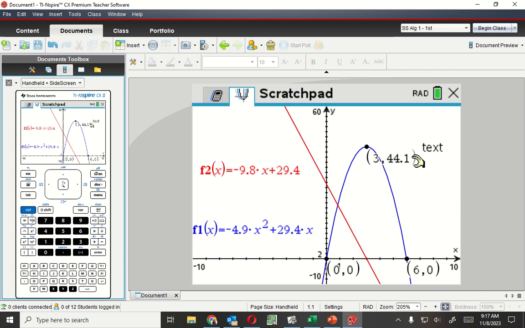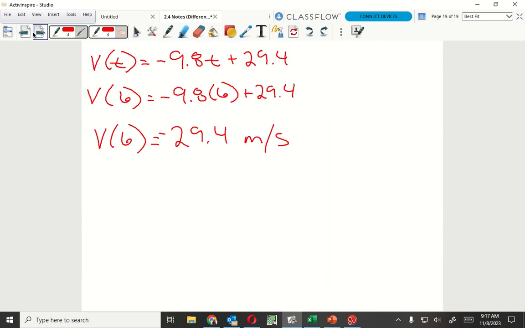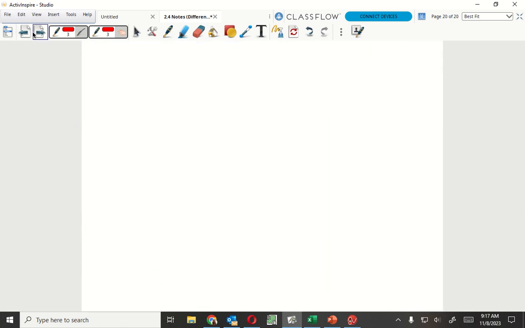So the total distance traveled, because it changes here from going up to going down, that's why I got 0 over here in my position. So I take this one, and I know it's 44.1 up, and it's also going 44.1 down, so it's 88.2. So my distance traveled is going to be 88.2 meters. There we go. This one's G, right? Yeah, it's G.